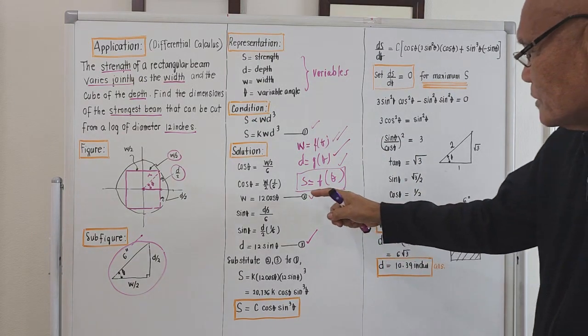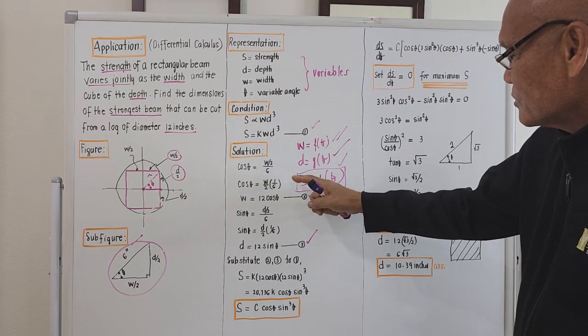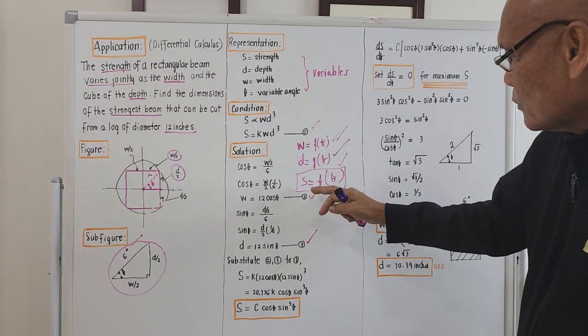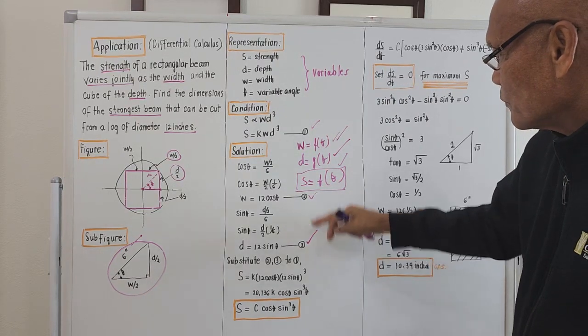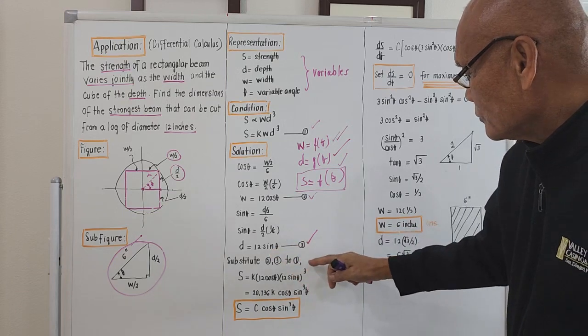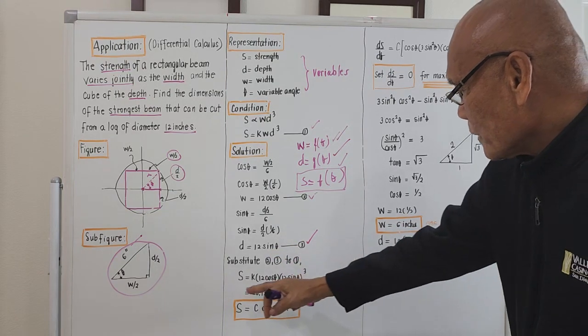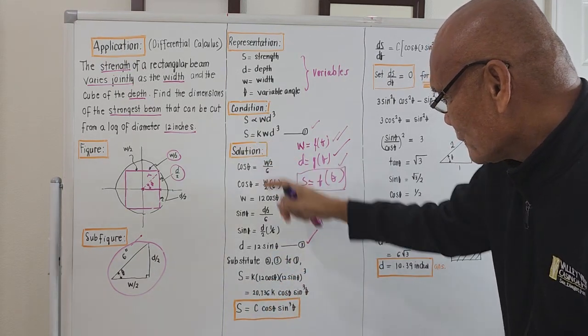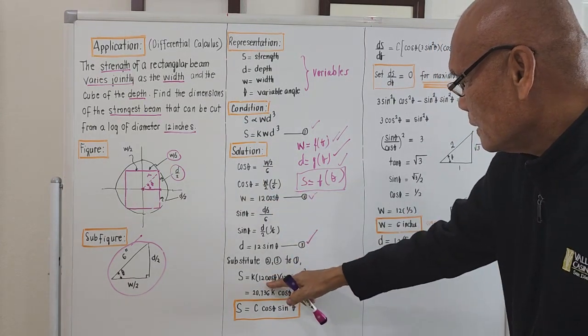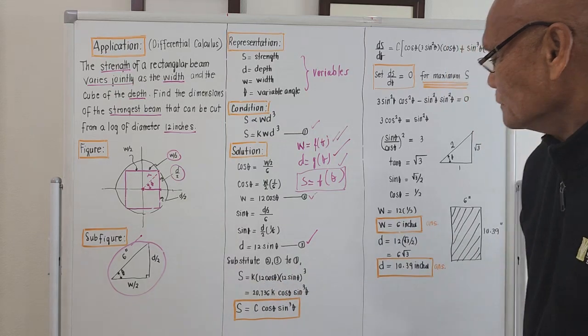So to bring out the strength of the beam as a function of one variable only, we will take equation number 2 and number 3 and put them in number 1. So we will substitute 2 and 3 into equation number 1. So S now will be K times W, but what is W? W is 12 cosine of theta.